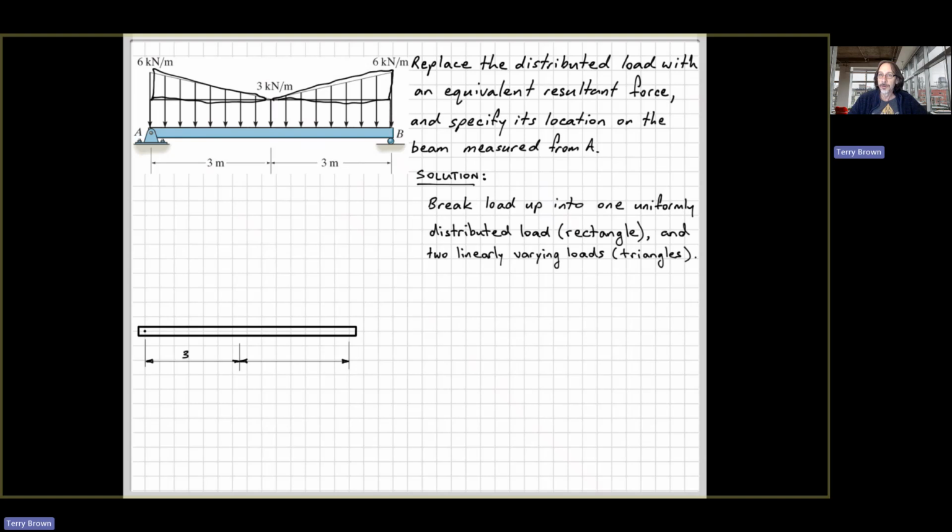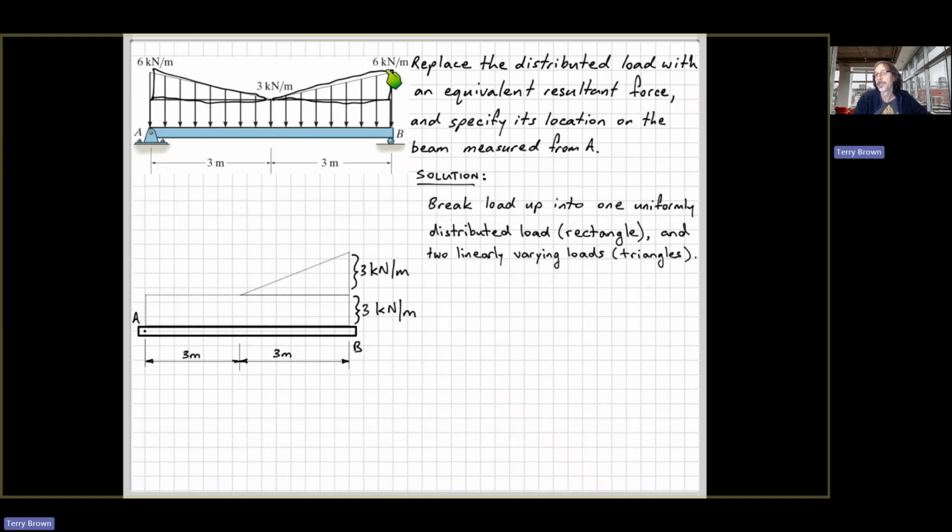So drawing our beam with our uniformly distributed load with a magnitude of 3 kilonewtons per meter over the length. And then sitting on top of that, we've got a triangle on the right-hand side.